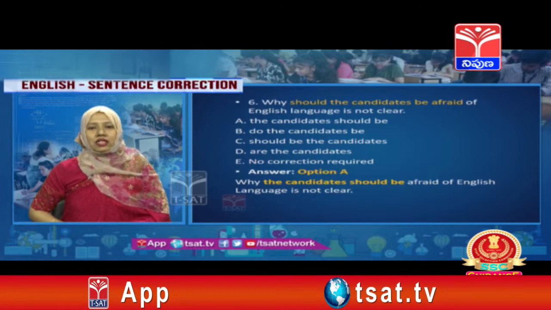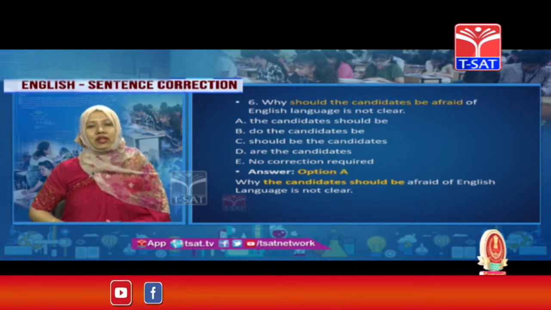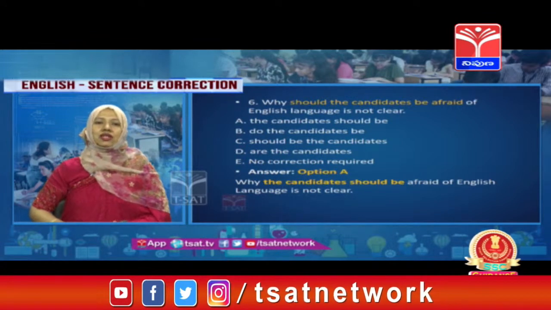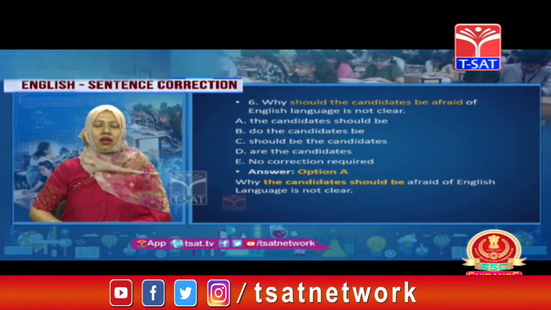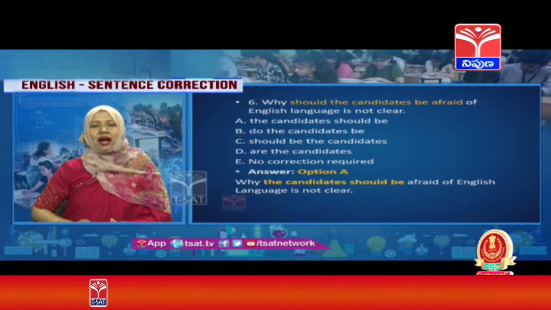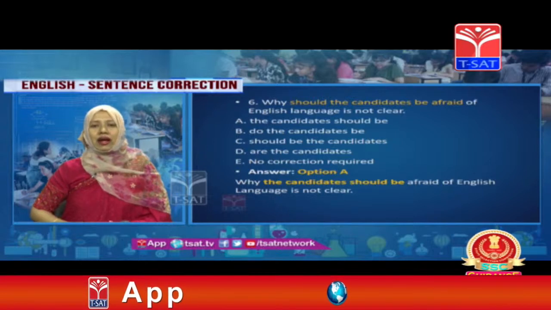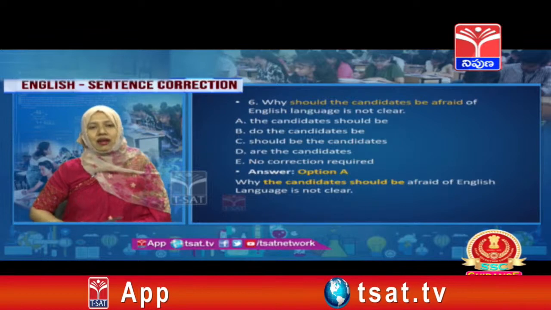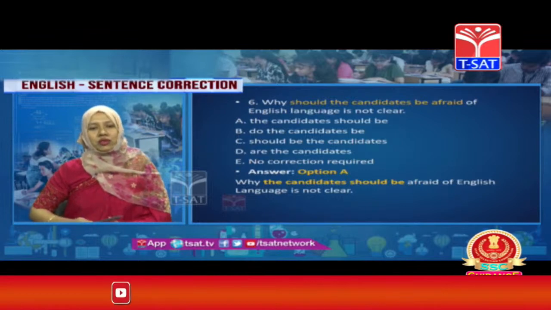Why should the candidates be afraid of English language is not clear. Now in this sentence you can see the highlighted words, should the candidates be afraid of. There is a mistake here. Now four options are given.